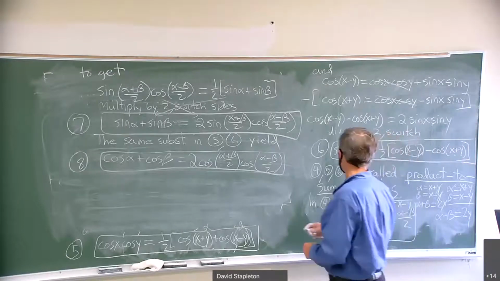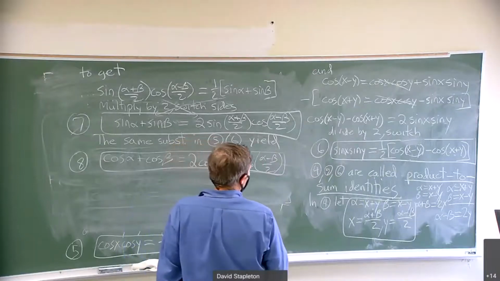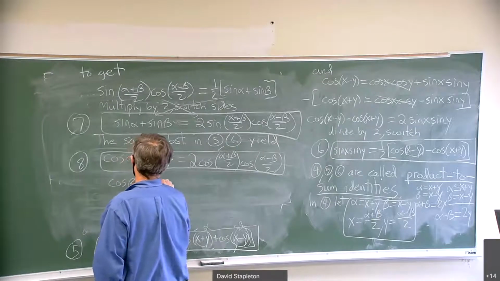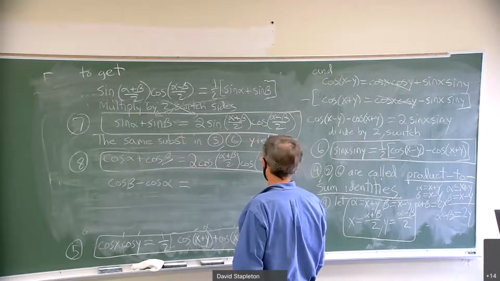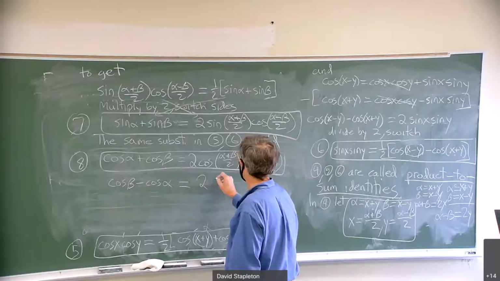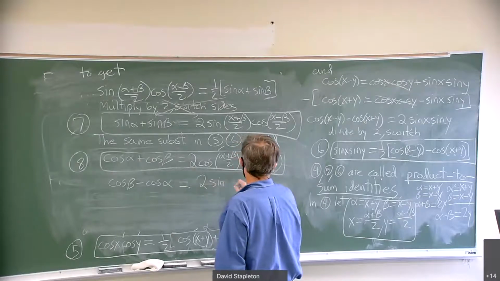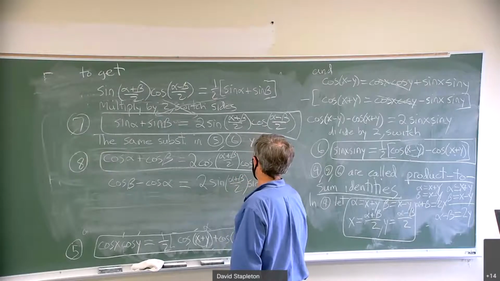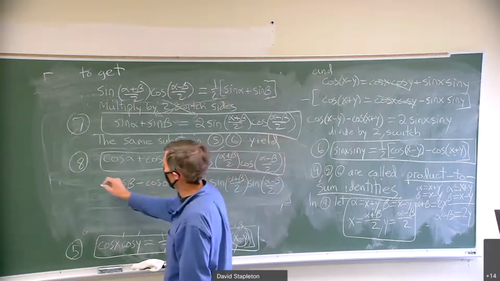Well, you put the same substitution in there, and you get cosine beta minus cosine alpha is twice sine alpha plus beta over 2, sine alpha minus beta over 2. And you get identity 9.